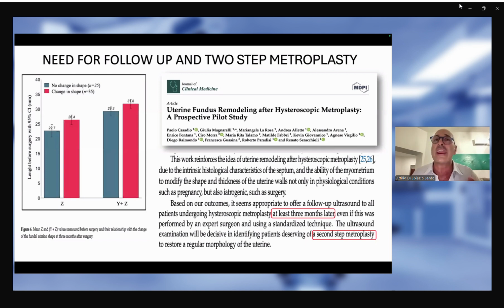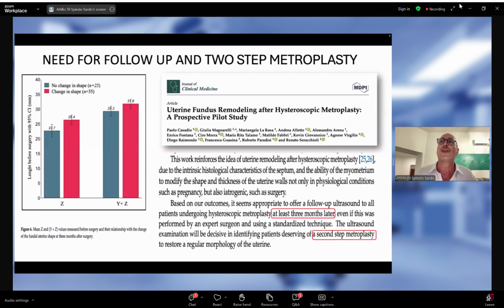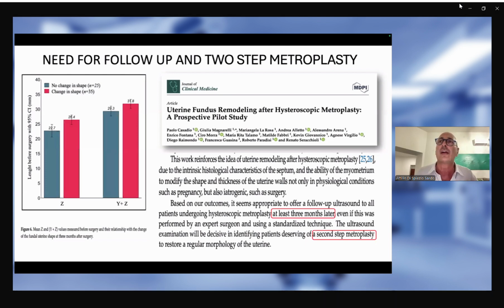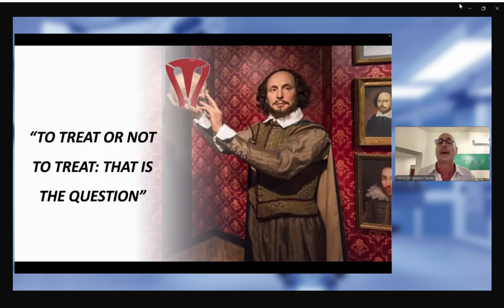You have to wait for the physiological remodeling of the uterus, and then you go to an outpatient setting to do both the sonographic control and a follow-up hysteroscopy in order to cut, as you saw before, with blunt or sharp scissors, the residual of the septum.